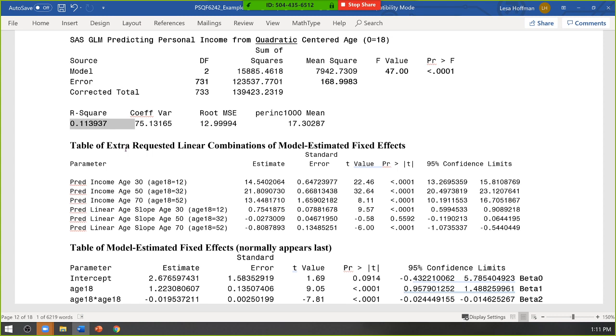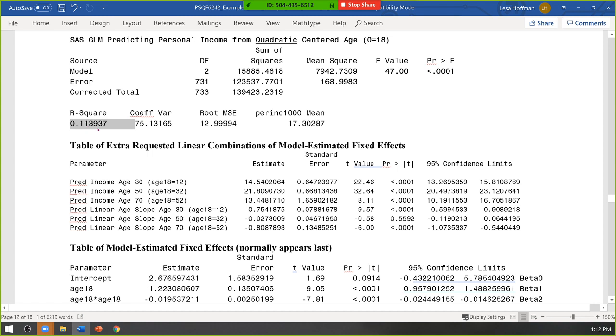These are tiny things usually. The more people you have, the smaller your R square can be and still be declared significant. Just keep that in mind. We got a lot of people here. We got 734. So yeah, 11% of the variance has been explained by age. 89% remains. That's what we know.